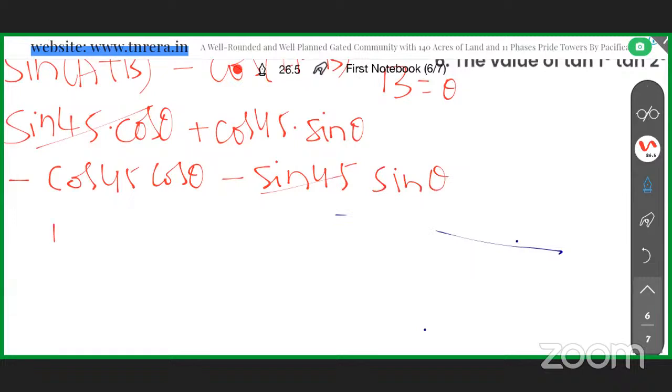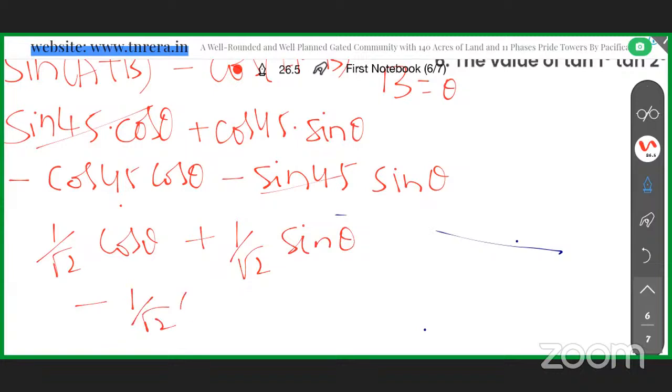Sin 45 is 1 by root 2 into cos theta plus cos 45 is 1 by root 2 into sin theta. So minus cos 45 is equal to 1 by root 2 cos theta minus sin 45 is 1 by root 2 into sin theta. We don't know the value, we are writing as it is.